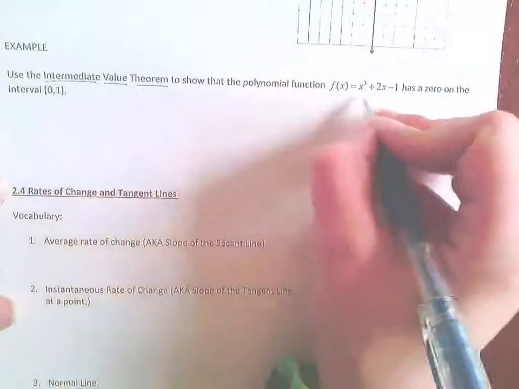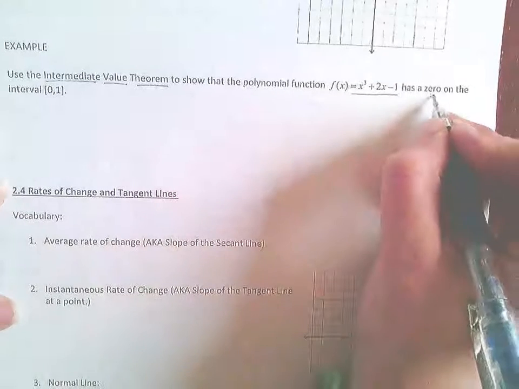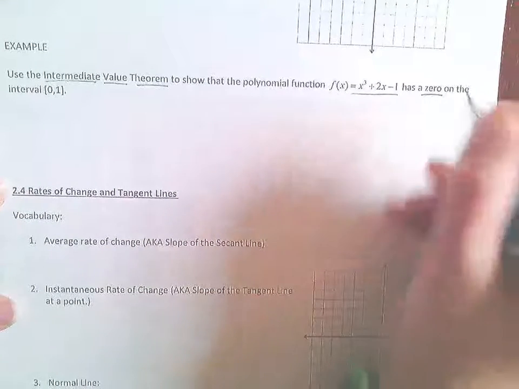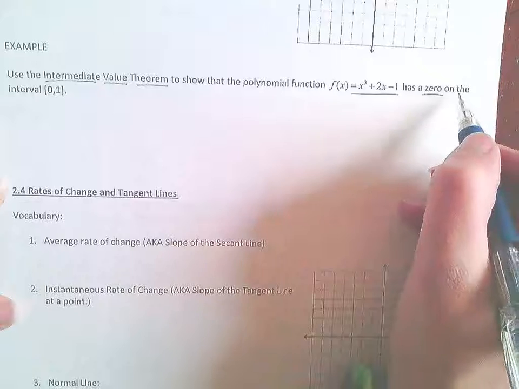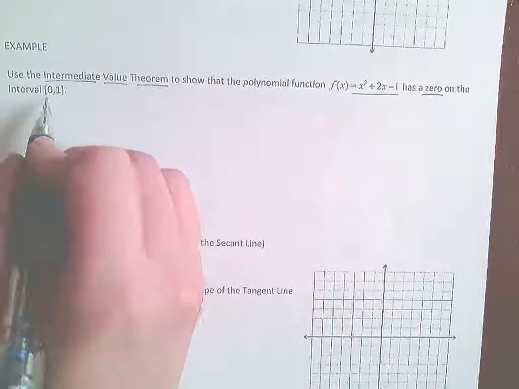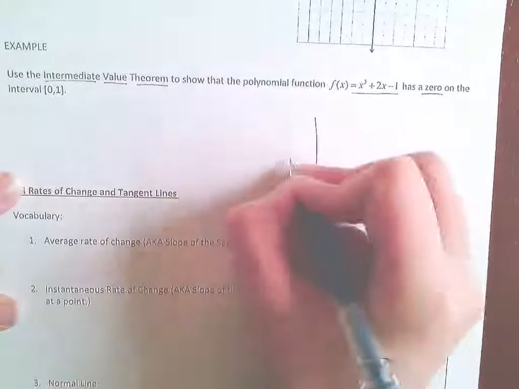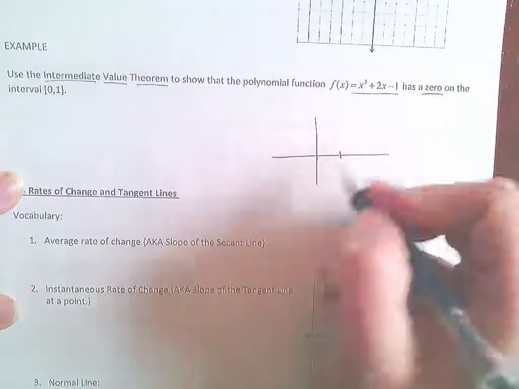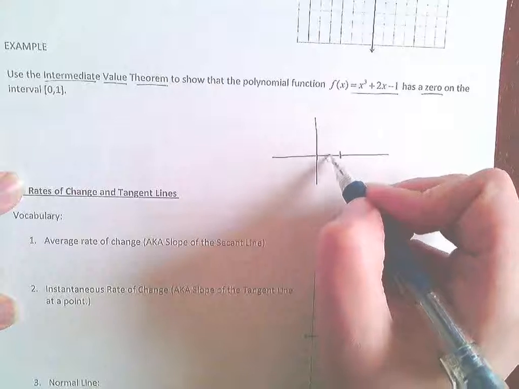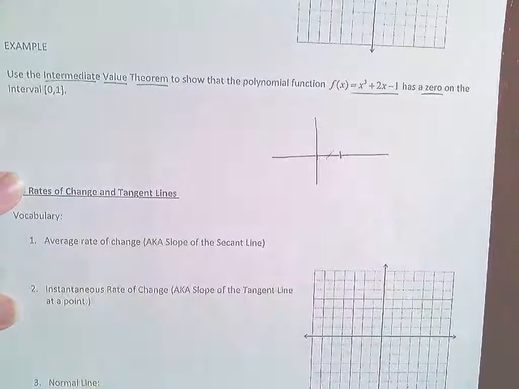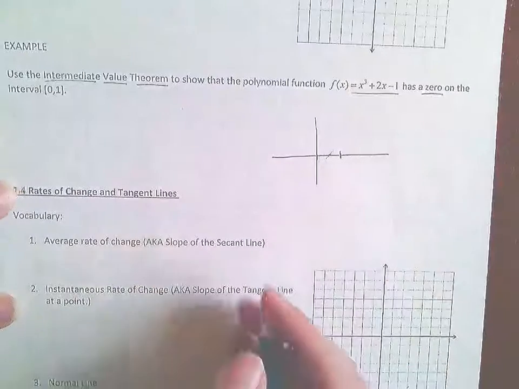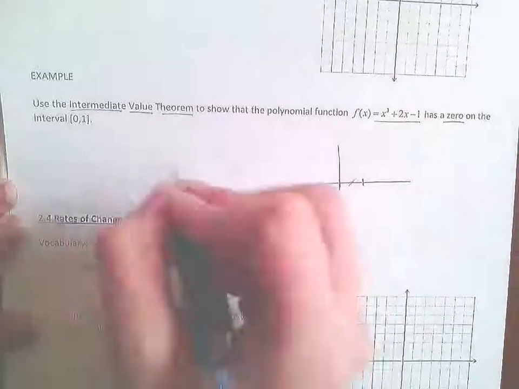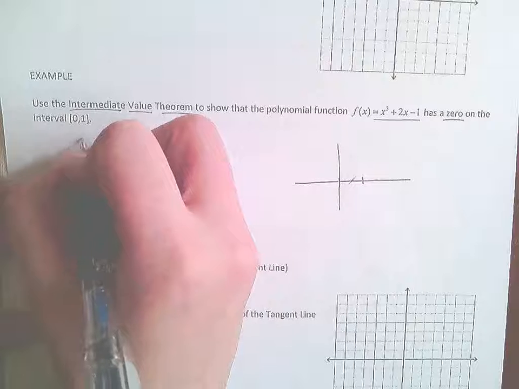So what we want to show is that the polynomial function, this guy, has a 0, which means it crosses the x-intercept on the interval 0 and 1. So I want to know from 0 to 1, does this graph cross over that x-intercept and cause a 0? So if you remember from last class, what we did is we basically plugged in.